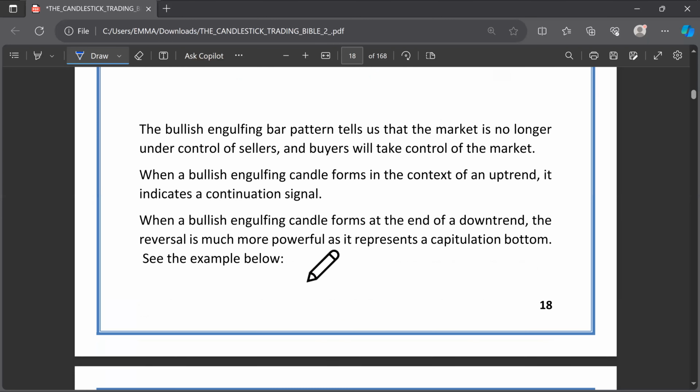So that is it. Now, the bullish engulfing pattern tells us that the market is no longer under the control of sellers, and buyers will take control of the market. So now we have described what a bullish engulfing bar pattern is.